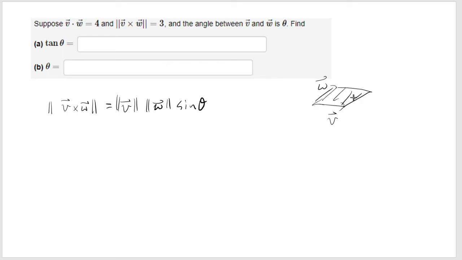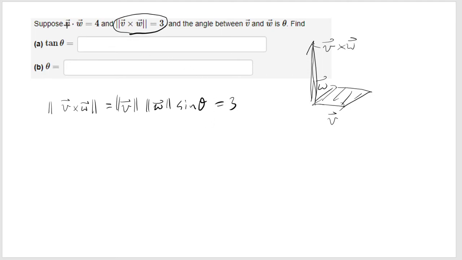Okay, so the cross product V cross W is a vector given by the right-hand rule that's perpendicular to both, and the magnitude of this is the same as this calculation, the area of this. All right, so that's what we know. So when I see this, don't think of this as V times W being 3. It's really V norm, W norm times sine theta equal to 3.